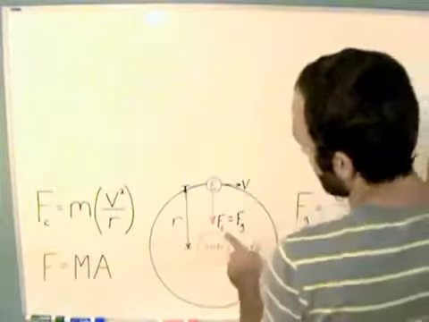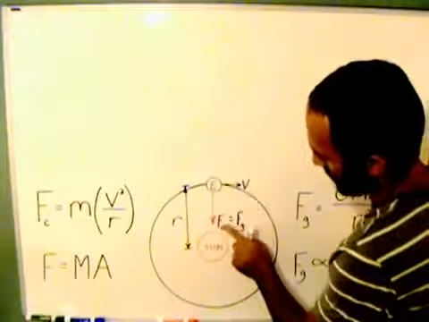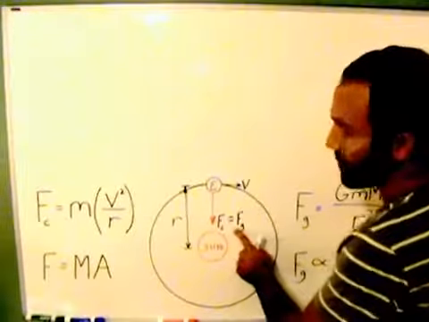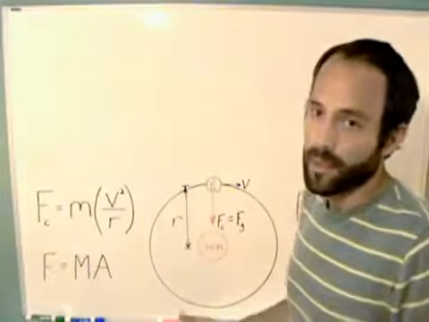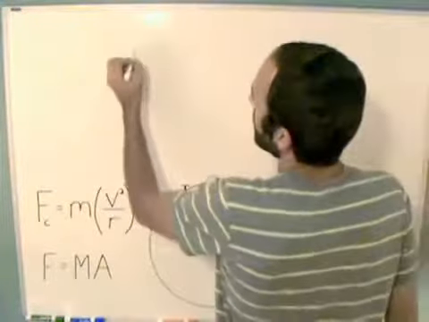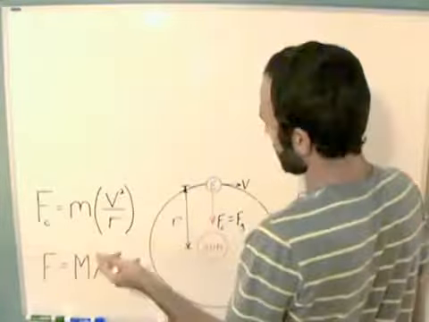Okay, so as I've written here, the centripetal force between the Earth and the Sun, or the force pulling the Earth towards the Sun, is equal to the force of gravity. So you can set Fc equal to Fg.